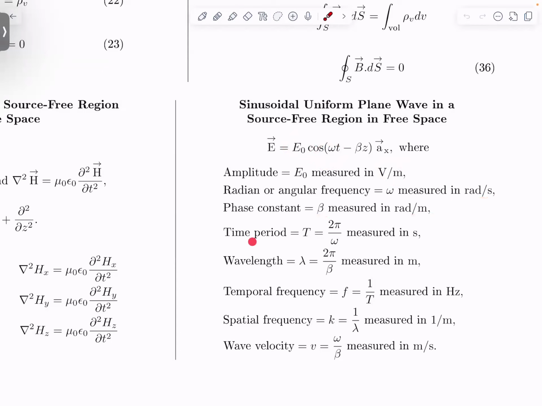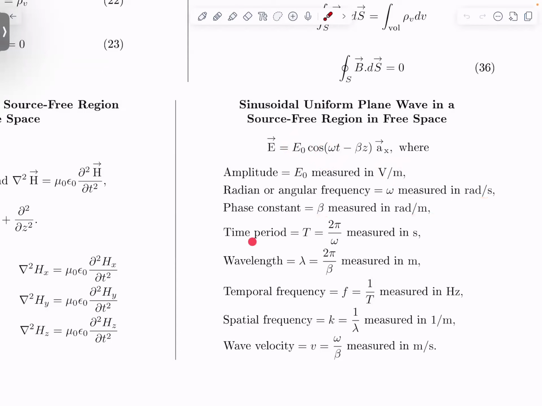We have this amplitude E naught, and then e to the minus alpha z, and then cosine omega t minus beta z ax. We are already familiar with this part. This part is just a cosine wave that is traveling in a certain medium, in the positive z direction. And then we have an additional term here, e to the minus alpha z.